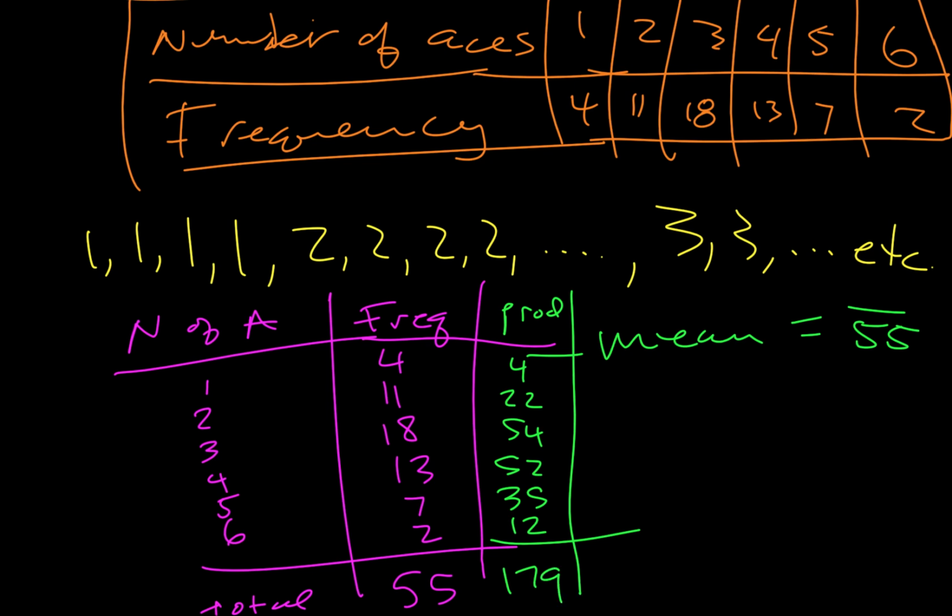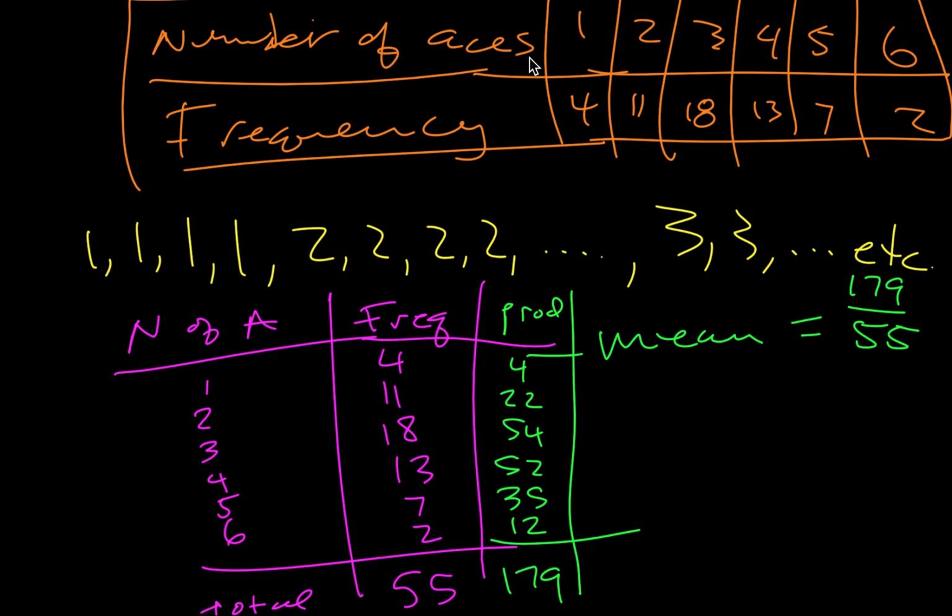And so that's what the top of this is going to be. Because what this is saying is we had 4 people who got 1 ace, so that totals 4 aces. And then we had 11 people that got 2 aces, so that's a total of 22 aces. 18 people got 3 aces, so that's 54 aces. So we want to know the total number of aces, and that's what this 179 is.